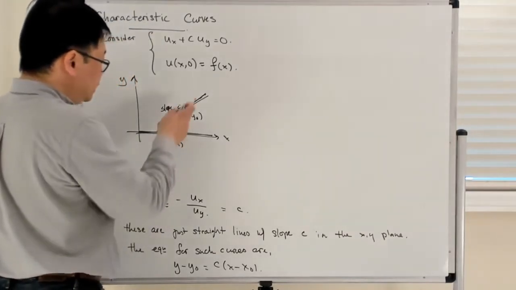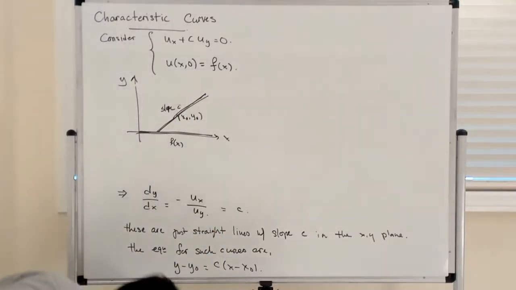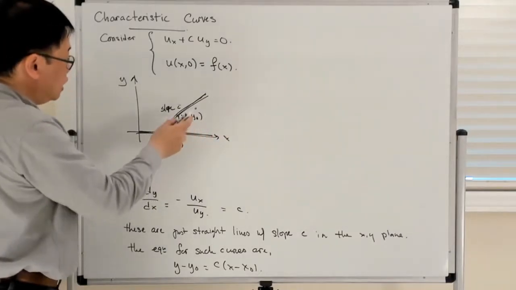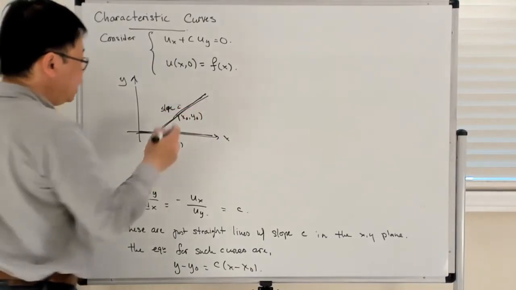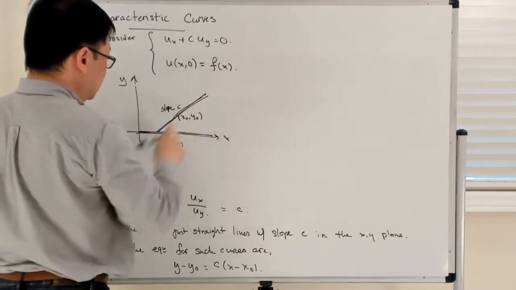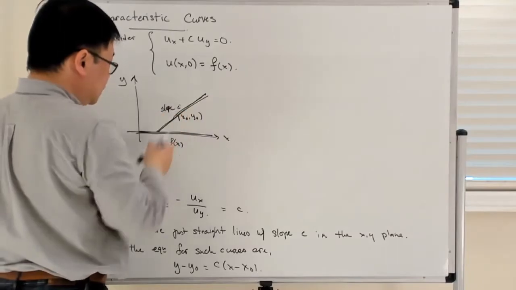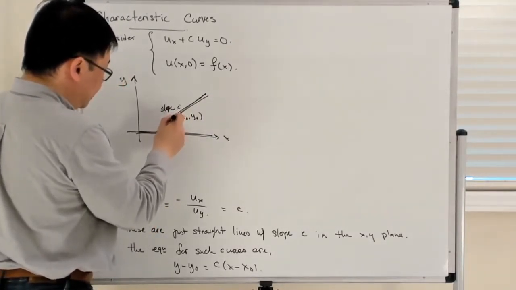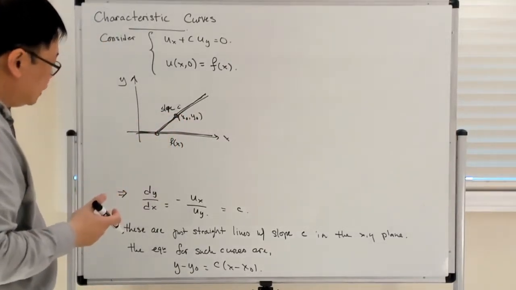So at least in this case, you have this nice foliation of the entire xy domain by characteristic curves. For any point which you could possibly want, there is a straight line of slope c which goes through it, and in particular that line would then intersect the x-axis at a given point. This is where things start getting useful.